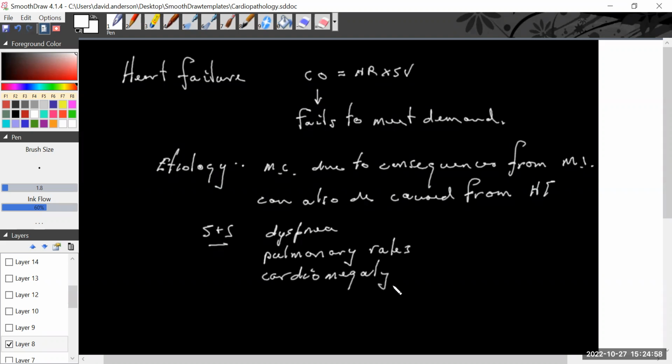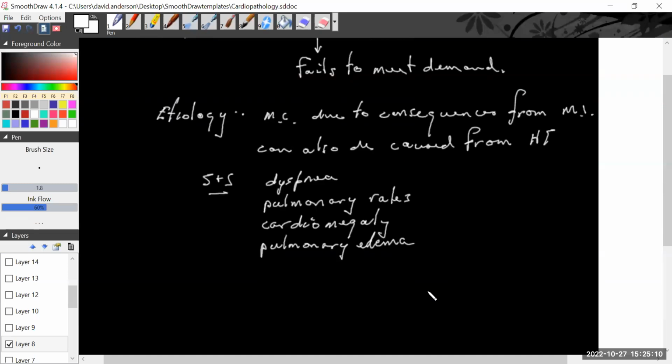We're going to explain how all this develops. Pulmonary edema. And probably because of compensation, tachycardia, fancy word for an increased heart rate.